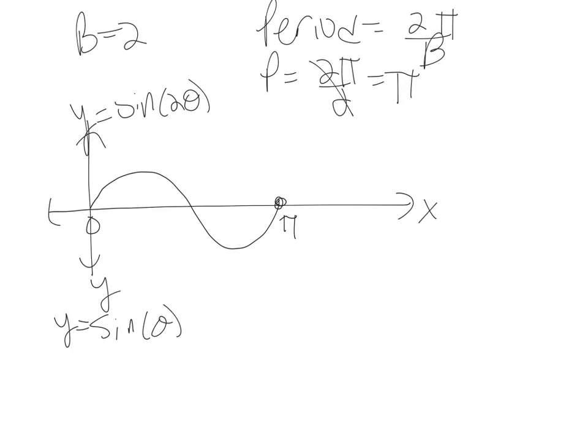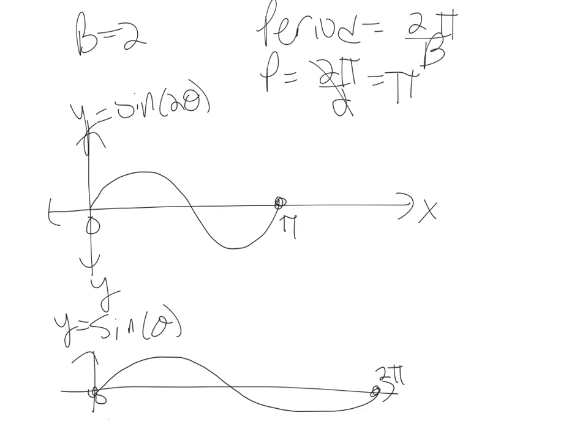Let's take a look at what I mean by that. If we just look at sine of theta, we actually complete a revolution between 0 and 2 pi. So look, see how these graphs are different? Here, I do one full revolution between 0 and pi.